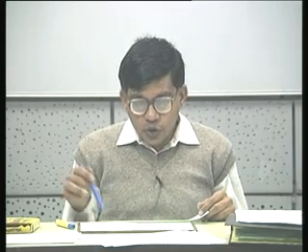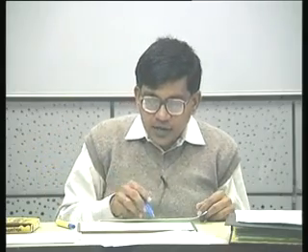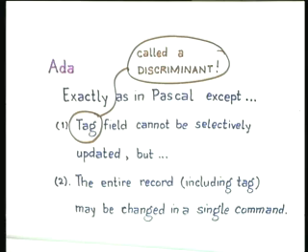So, you do the entire thing in a block, the changing of the entire record, but since Ada also allowed various kinds of compound initializations, since Ada allowed mechanisms, even syntactical mechanisms for doing initializations of aggregate objects or compound objects, you could do the entire thing also in a single command.